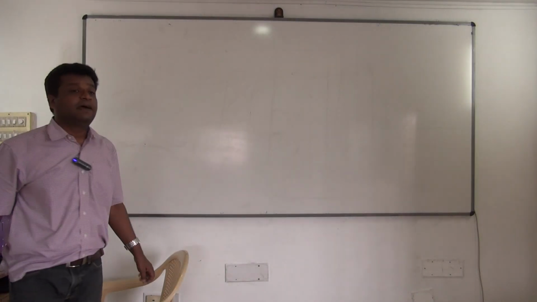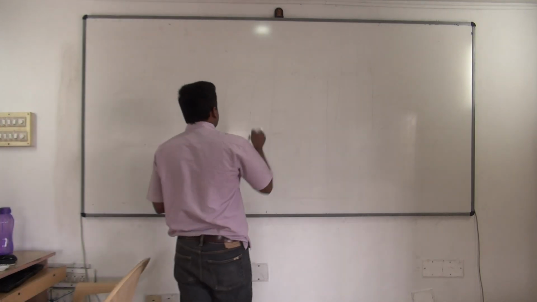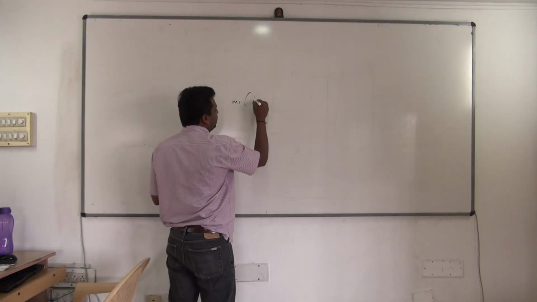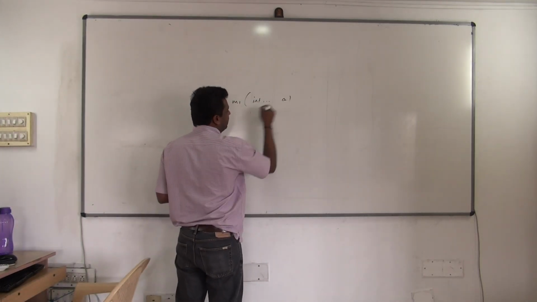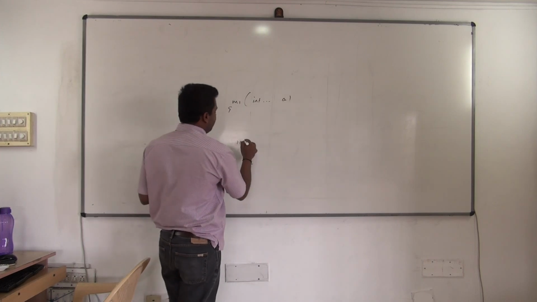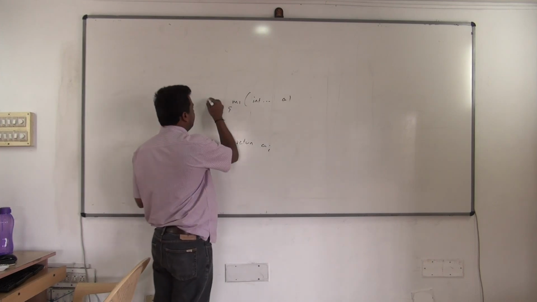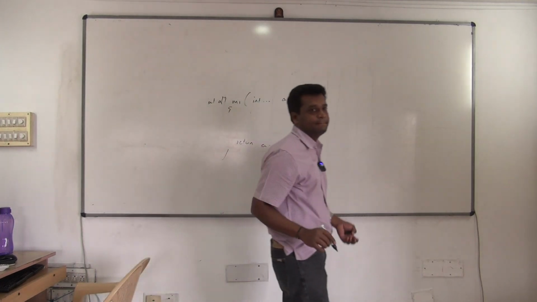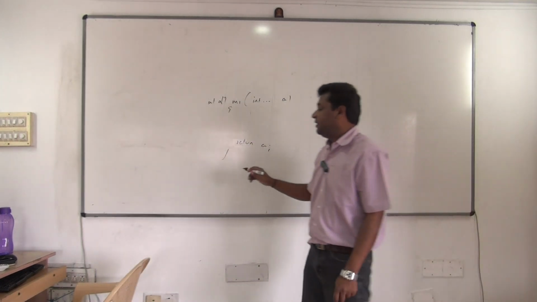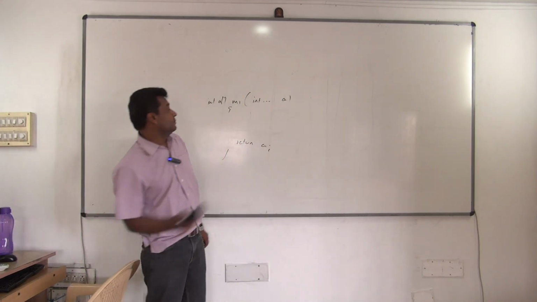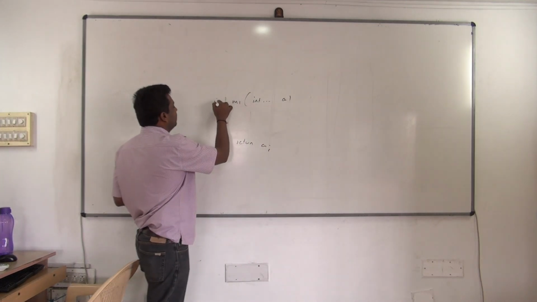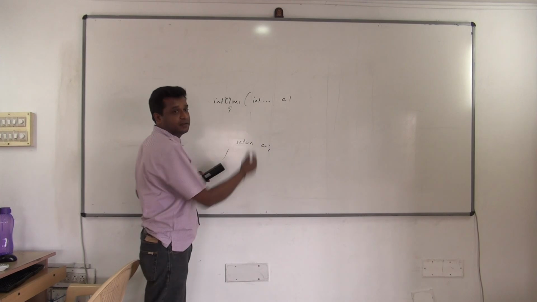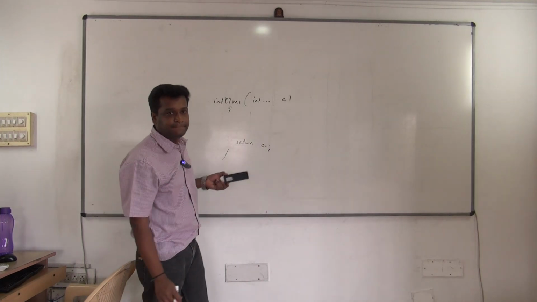Varargs is always for the parameter list. So this is m1, int dot dot dot a. If I want to return a now, the return type will be an array, int, depending on what it is.